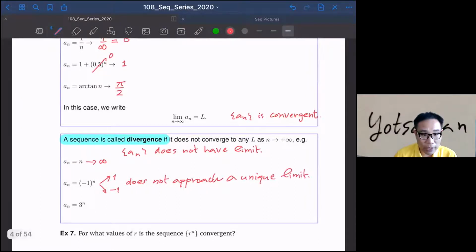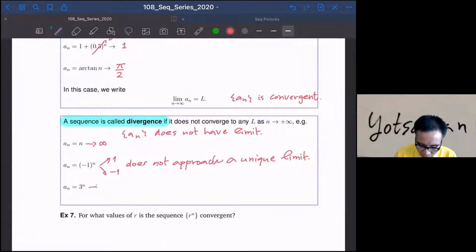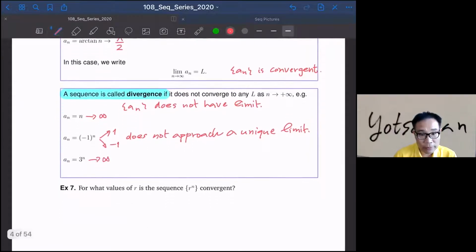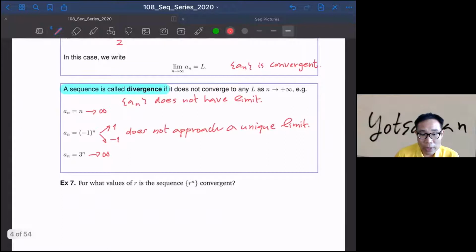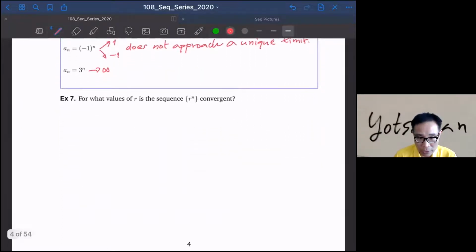Okay, and you have 3 to the n, this guy is going to go to infinity. And we can look at the values of r for which r to the n is convergent. So when r is positive, not equal to 1, this one will be exponential.